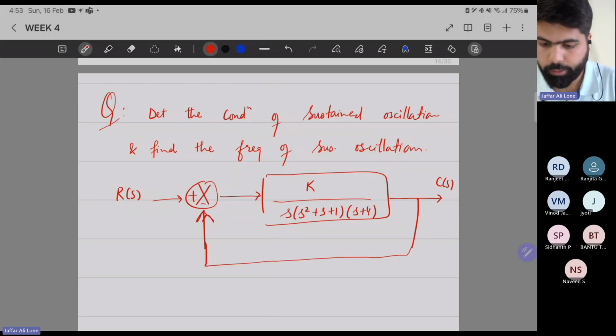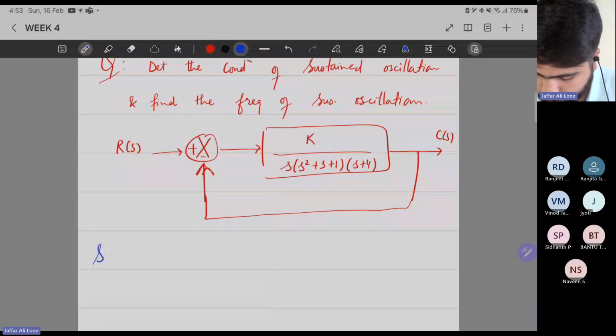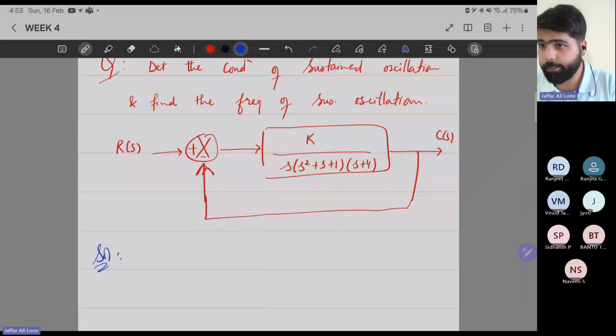We have been given this system and we have to find the condition for sustained oscillation, when this system will be marginally stable. After that, if it is marginally stable, it will oscillate with some frequency. What's the value of that frequency?